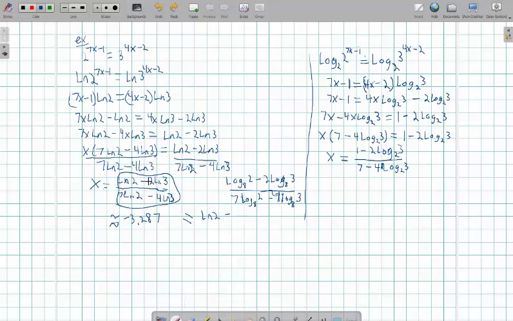But you can take that 2 into the exponent, so that would be ln of 9. Then you can make that 7 into the exponent, so that would be ln of 2 to the 7th, which would actually be 128. And then 3 to the 4th would be 81.